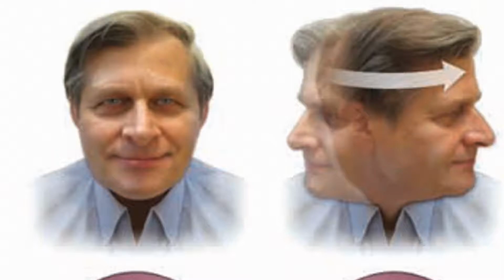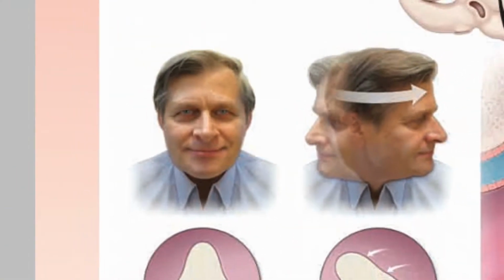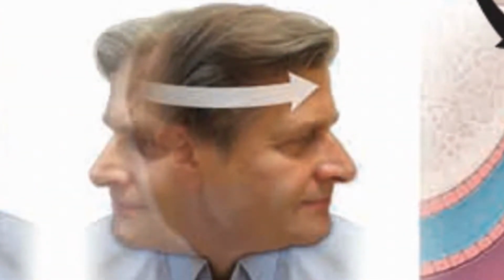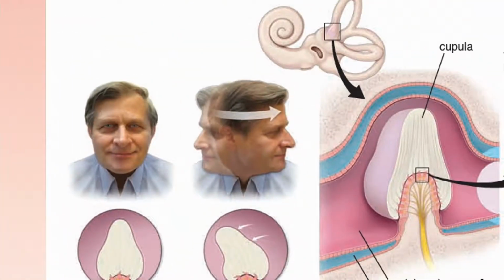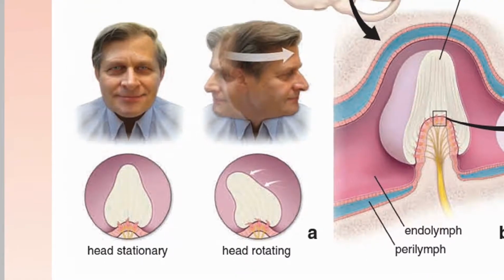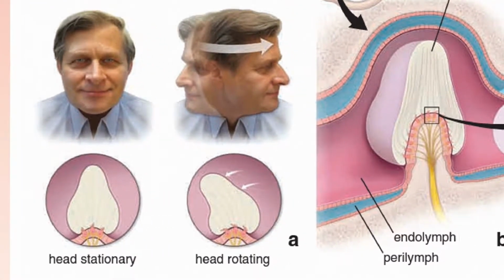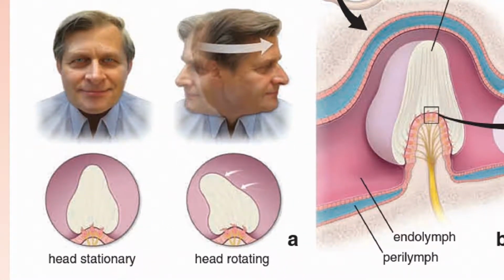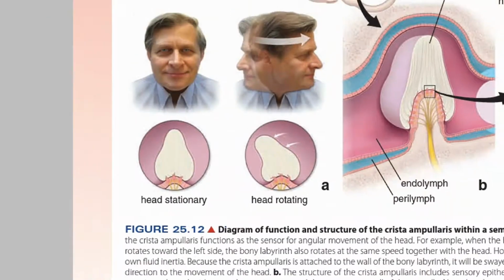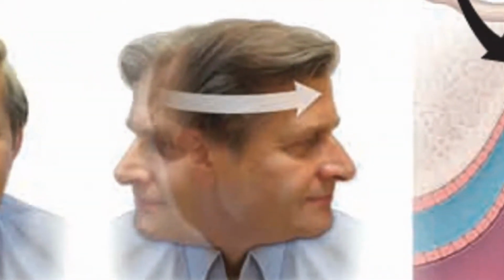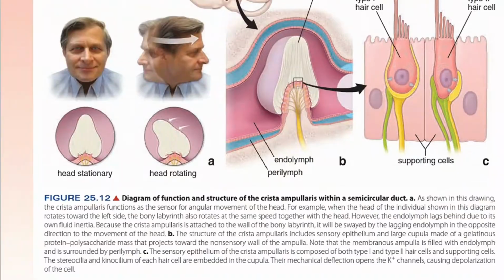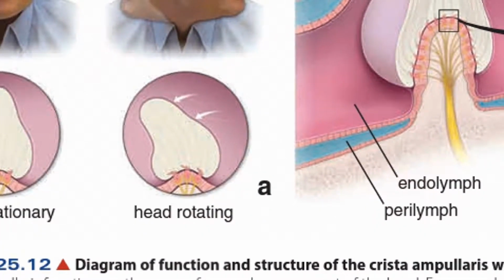He is having a very nice smiley face, and now he is rotating his head. So in the first figure, the head is stationary, and in the second figure, the head is rotated. Now you see the direction of head rotation, and you see the bending of the cupula is in the opposite direction.